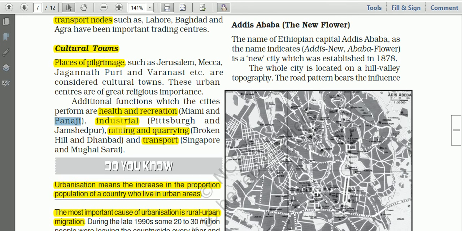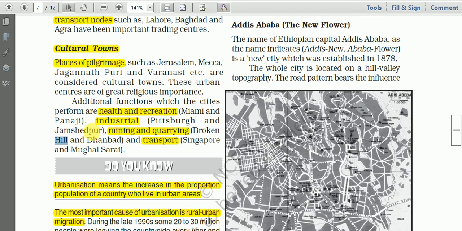Then we have industrial towns, say Pittsburgh for example. Pittsburgh is in Pennsylvania in USA. Then we have Jamshedpur in India. Then we have mining and quarrying towns, say for example Broken Hill. Broken Hill is in New South Wales in Australia. Then we have Dhanbad, which is in Jharkhand.